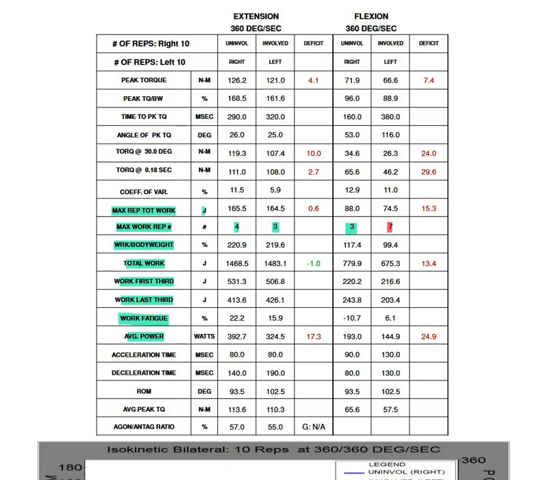So if you've got a 10 repetition test for the left leg when performing flexion of the involved limb, if we're seeing the max work repetition as being number 7, well, this just suggests that the first 6 weren't to a maximal effort.